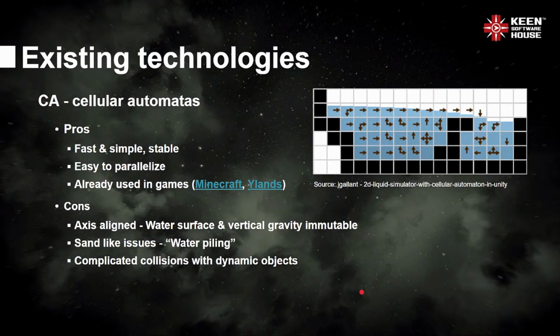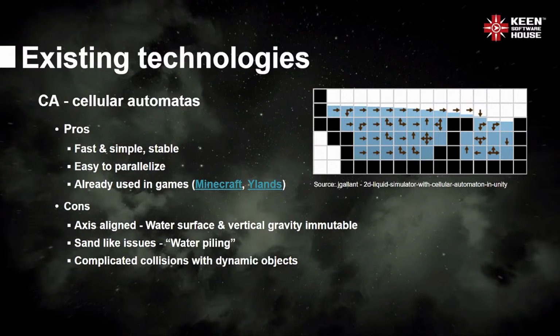Another technology, the second one and the most famous, is called Cellular Automata. Compared to particles, it's grid-based, and all the simulation is calculated in cells. So let's say we have a grid with 32 or 64 by 64 cells, and in every cell of this grid is some amount of water or some amount of mass.